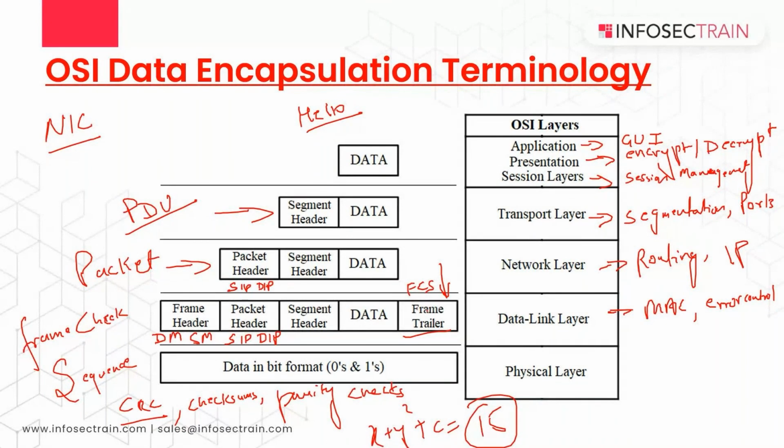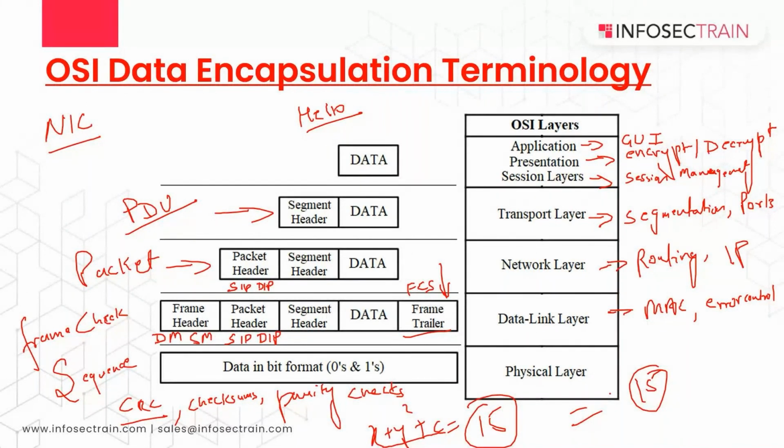Error control. So when this frame reaches the target, the receiver whom we are sending the data, at the data link layer of the target, what will happen? The data link layer of the receiver will also calculate the output from this formula. And if the output of the receiver is 15, that means if it is the same as the output which the sender has sent, then the data was not tampered with during the transit.